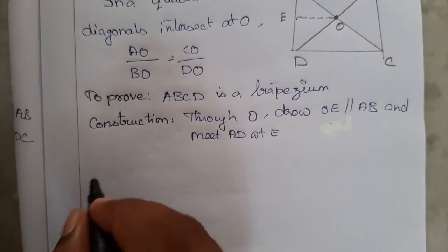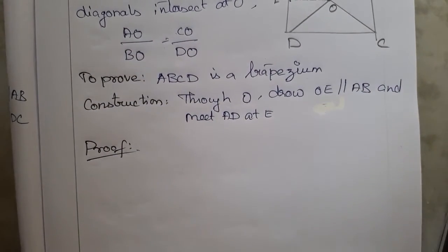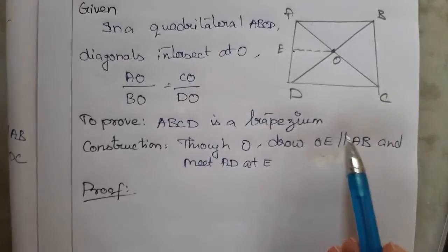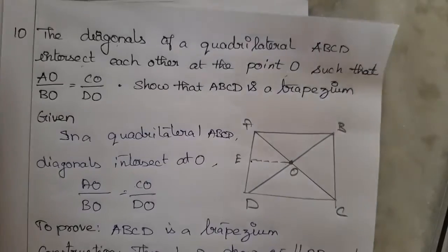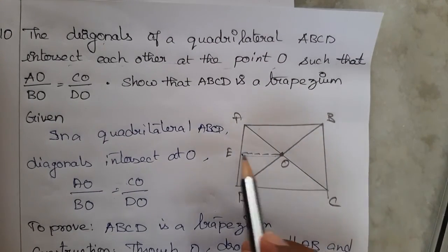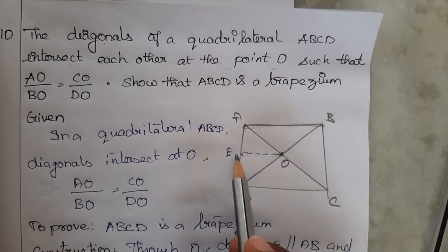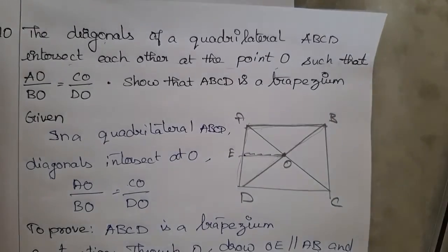So next we are going to the proof. It is given OE is parallel to AB, so from that we can derive a ratio. Which triangle does it satisfy? We have constructed that OE is parallel to AB. So which triangle contains it? ADB, right?